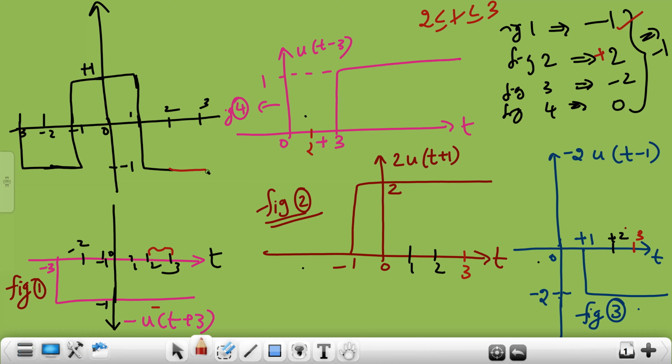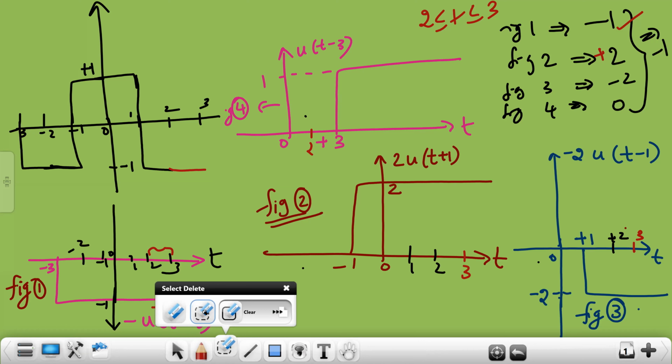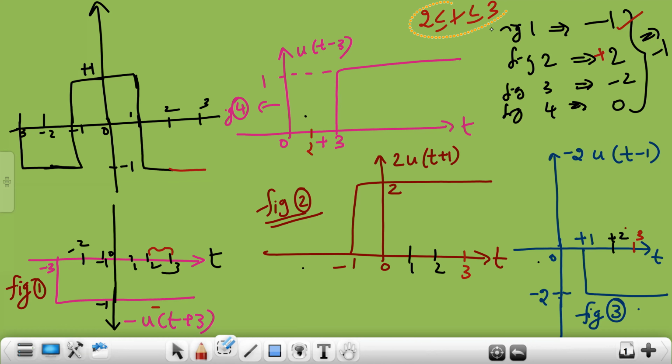Now coming back to 3 to 4. Check the time interval 3 to 4. In the first figure, still you are having -1. In the second figure, you are having +2.